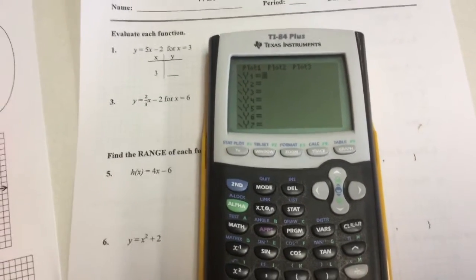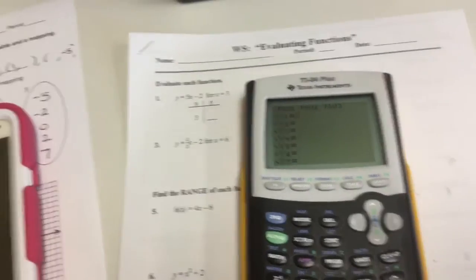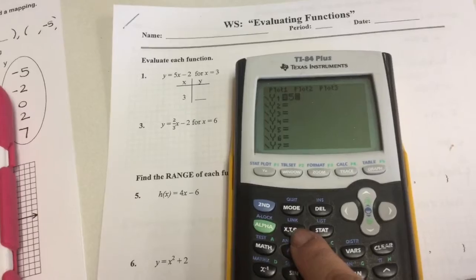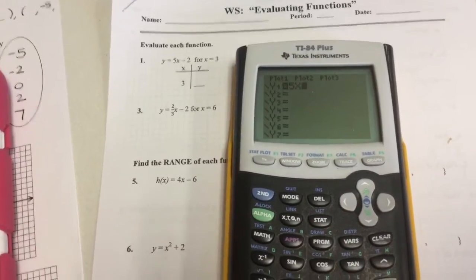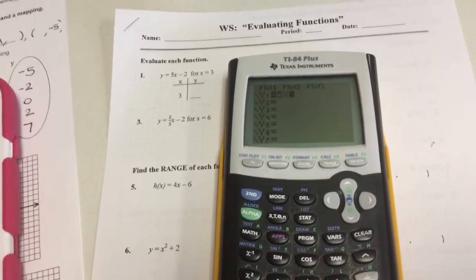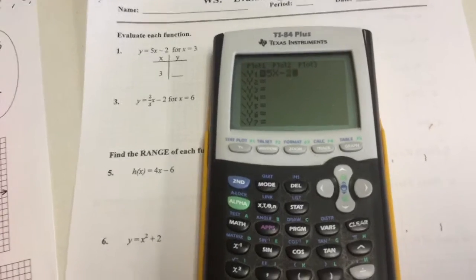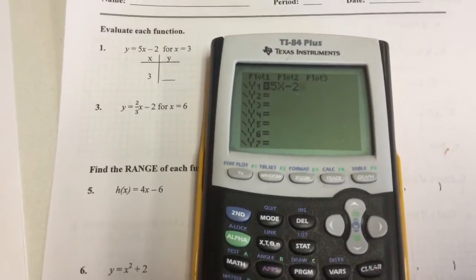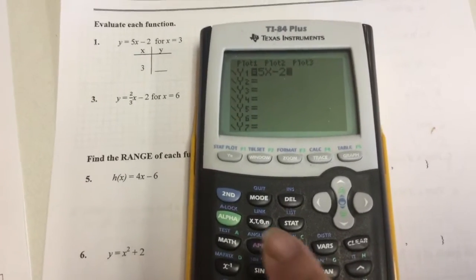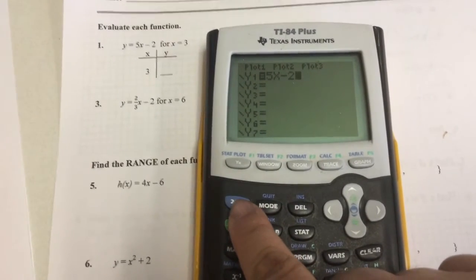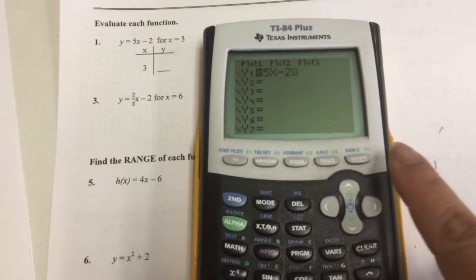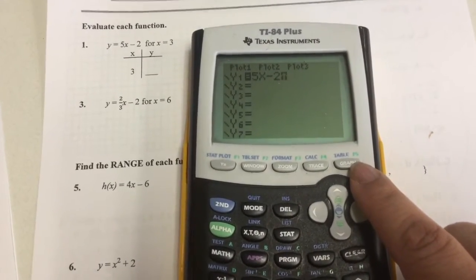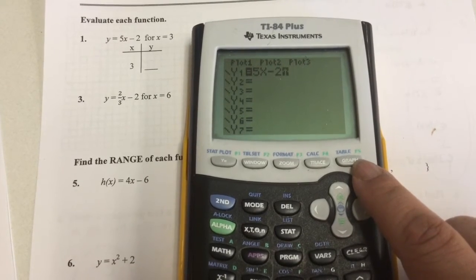My function is 5x minus 2, and the x that I'm using is right next to my green button. Once you have it on your y equals, I'm going to hit the blue button where it says second. Then I'm going to hit the button on the top right corner where it says graph.